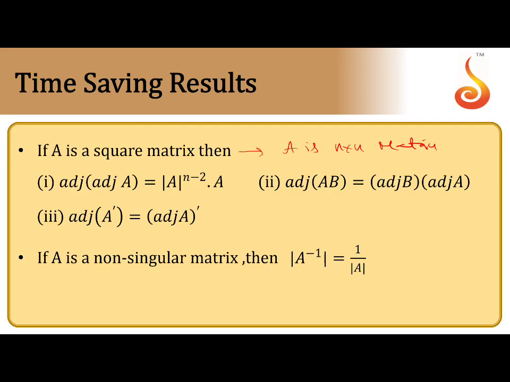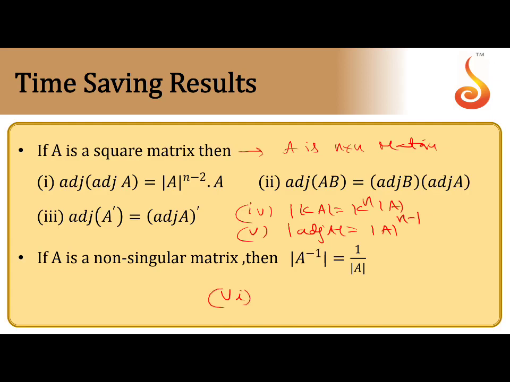And I can add some more points. It is useful for us. Det of kA is k power n into det A. That is one. Next, fifth property: det of adjoint A equals det A whole power n minus 1.